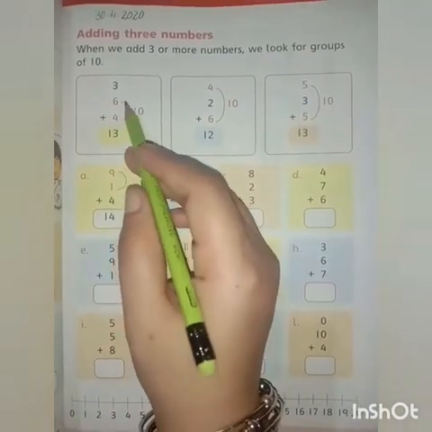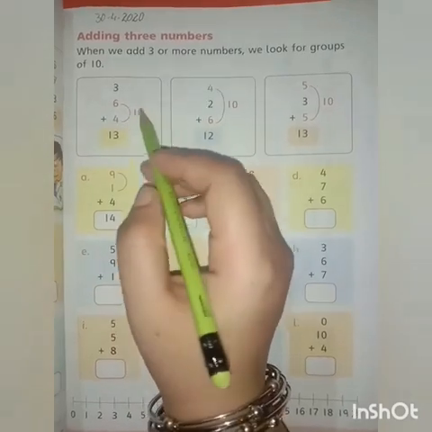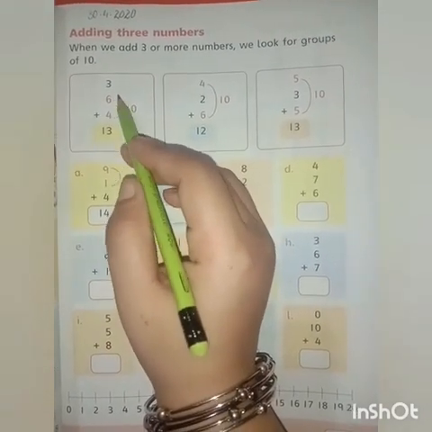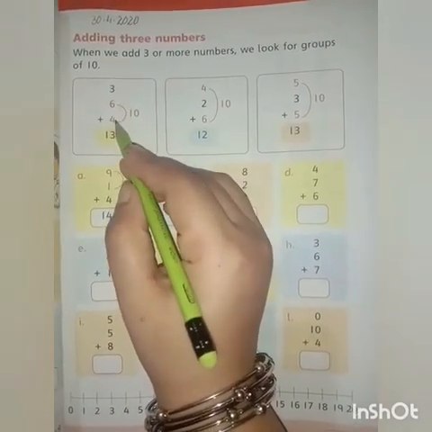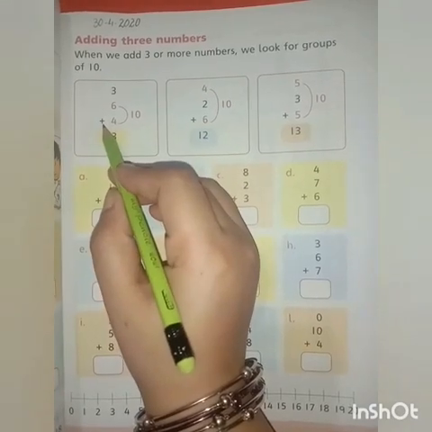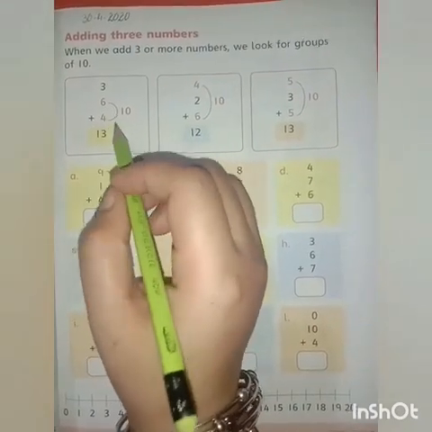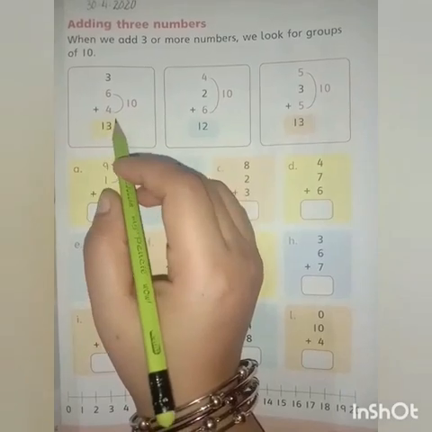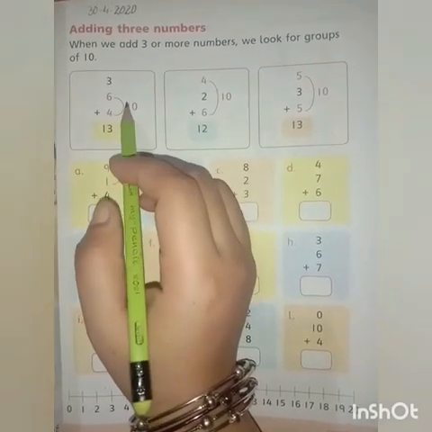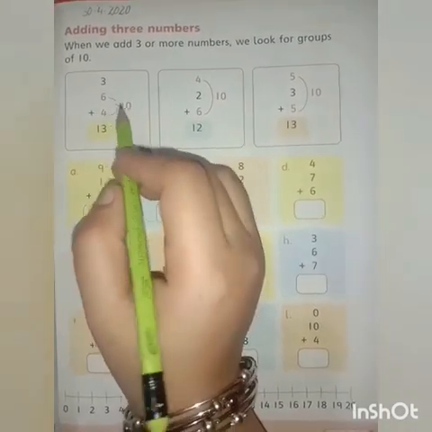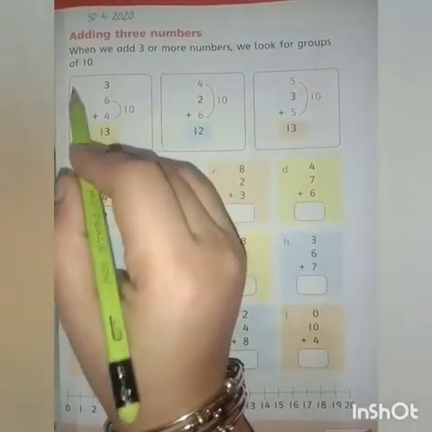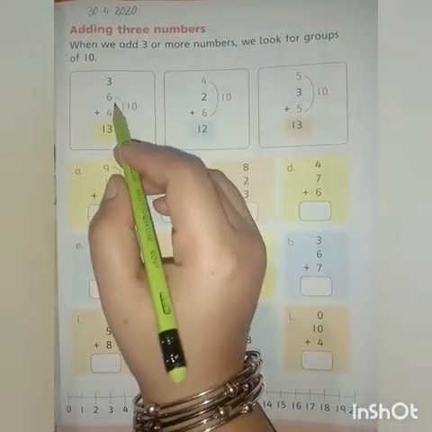Now students, here we have our first question. 3, 6, 4. We have to add them. But here is the twist. Firstly, we have to find out the group of 10. Let's see students.